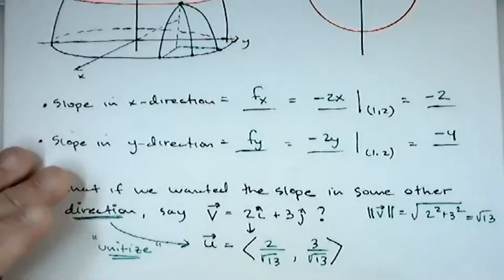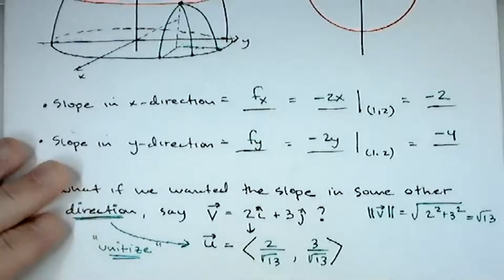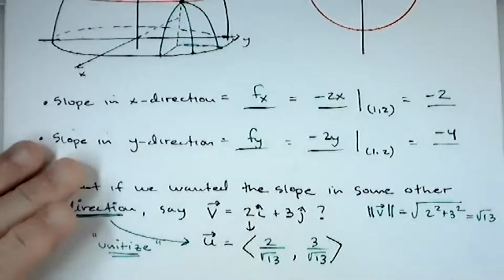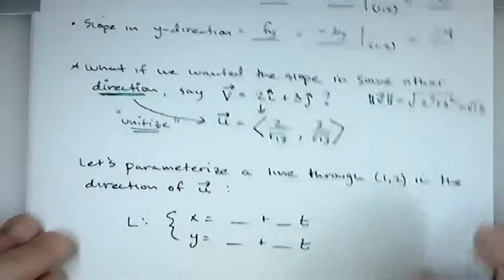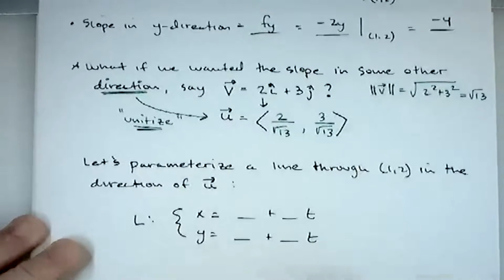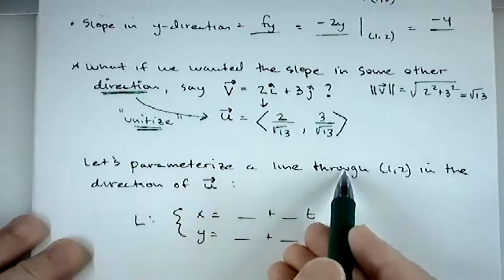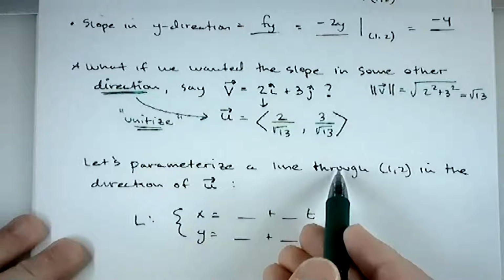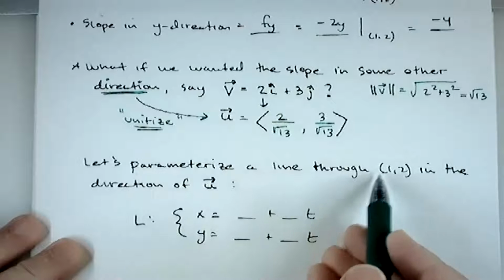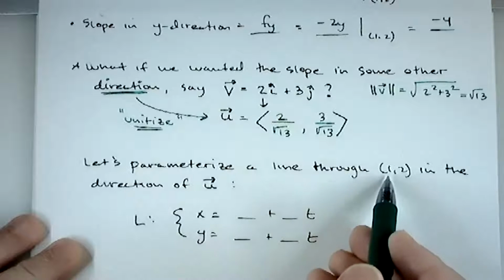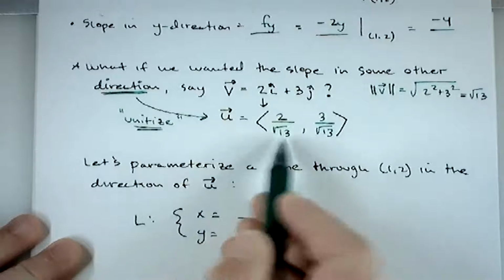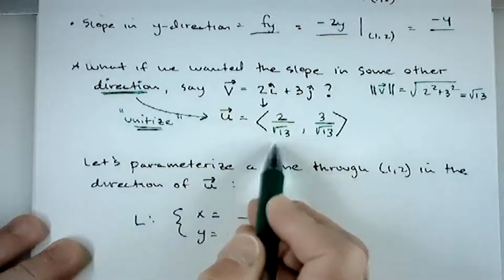So this boils down to a formula, but I want to give you a little insight into where this formula comes from. Let me give you the directions first, and then we'll go back to the graph. How we're going to go about this is we're going to parameterize a line, right now a two-dimensional line, through our point 1, 2 in the direction of our vector that we want to move in.